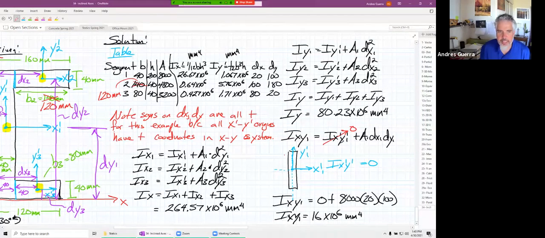Now this is for that segment, but about this axis down here, about the red axis, right? So this is for that one, but the blue axis is 0, but the red axis is not equal to 0.